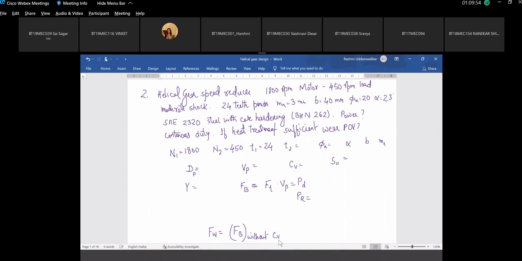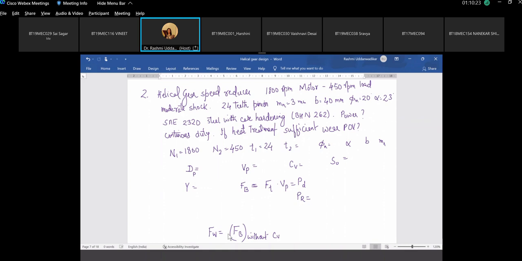So while equating, you must get this wear strength greater than FB without CV, which is normally the FD value. If this is safe enough, then you say this is good. And if this is not, then you'll have to increase the hardness. So this much amount of heat treatment is not sufficient from wear point of view. This might be safe from bending, but not from wear. So this is how you solve a problem of different type.